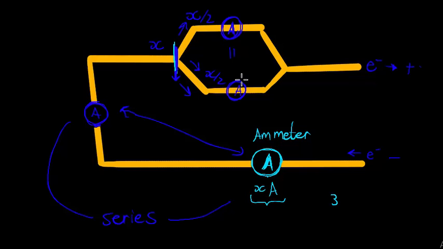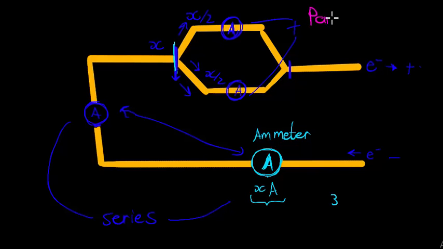But the more important property is that if we add these two together, at this point I must have the same reading again. So in other words, the ammeter reading in parallel, this is what we call this.